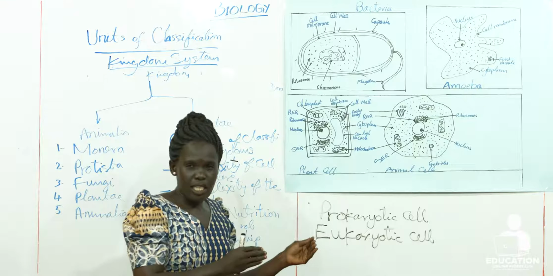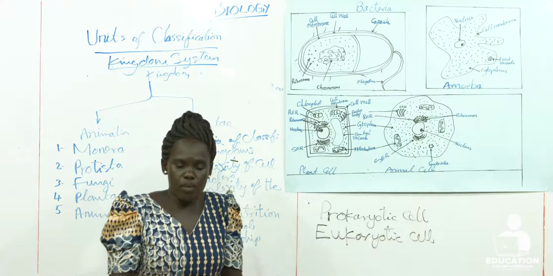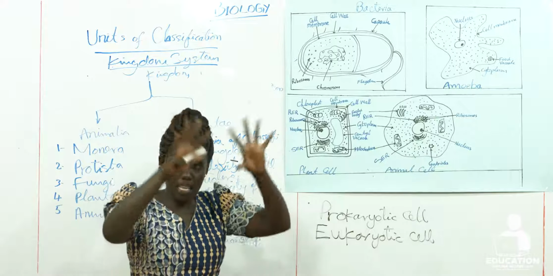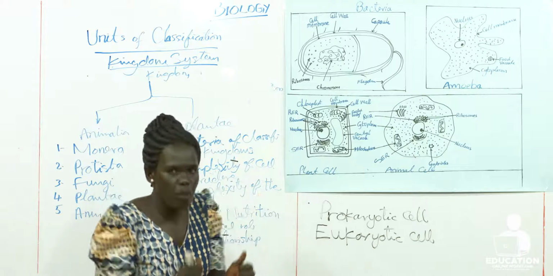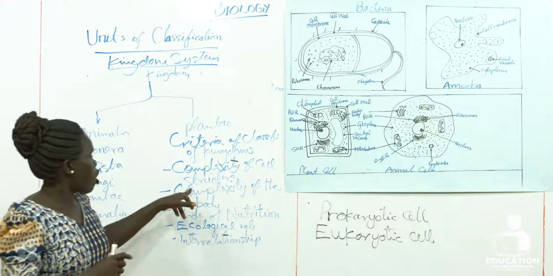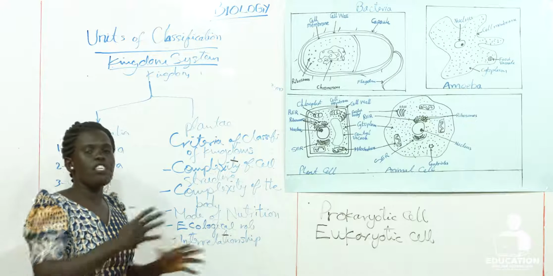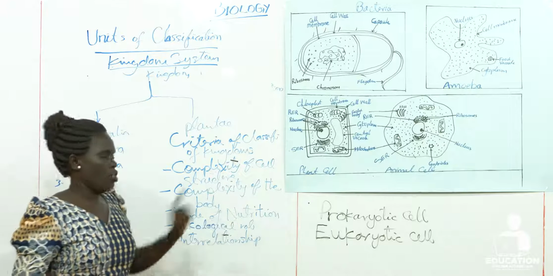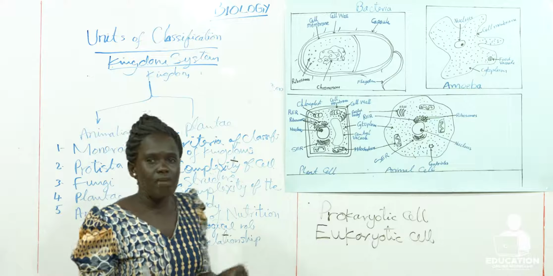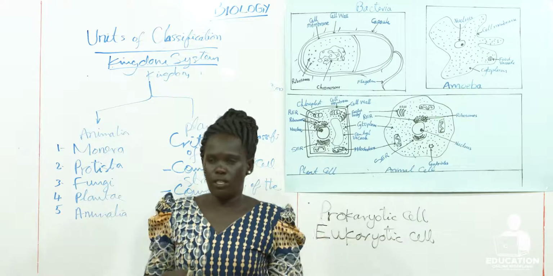Like in a plant, some of the plants, the body starts from the roots, the stem, then the branches. Some of the plants don't have all these parts. So the complexity of living organisms differs from one living organism to another. Mode of nutrition. This is the way living organisms get food from the surroundings.